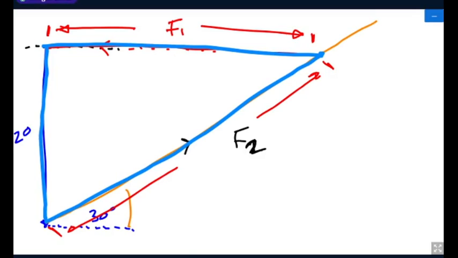So we could have something like that. And then the final bit that we could have, a situation perhaps. Let me just make this now so it makes a bit more sense. So we could have something like this.